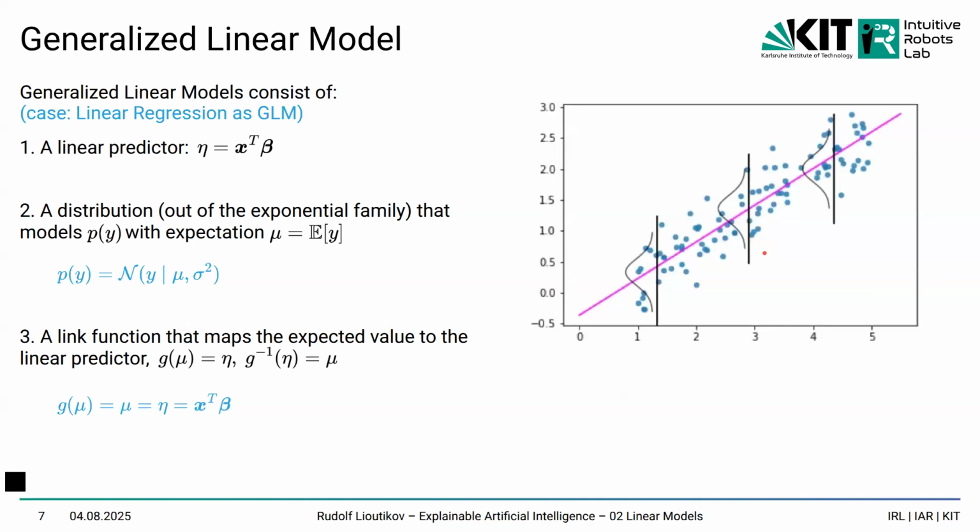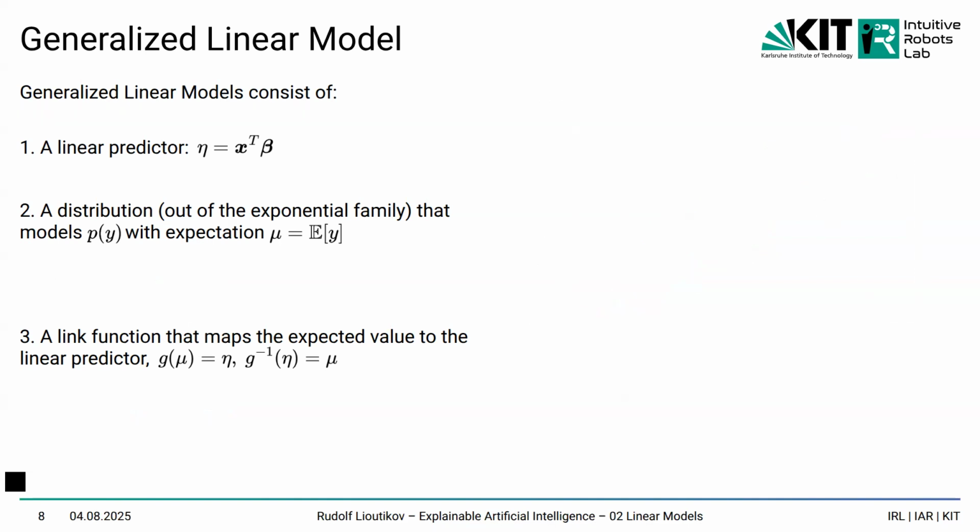This is something we can interpret: the data around the line will always be Gaussian distributed. So if our data doesn't look Gaussian distributed at different points, maybe OLS is the wrong thing to use here. Make sense? Okay.